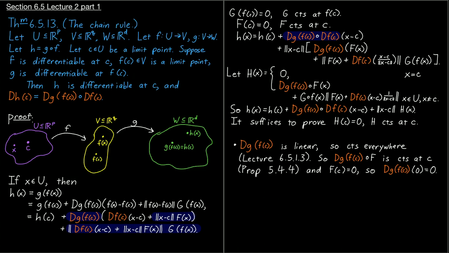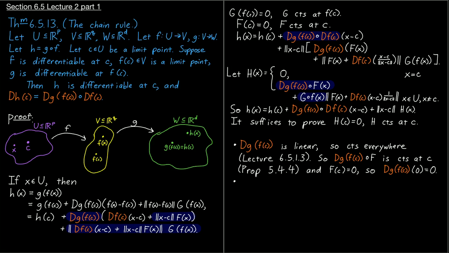So this first piece of our big H equals 0 when you plug in x equals c and is continuous there. So that piece we're done with. And then this piece we can deal with pretty similarly.